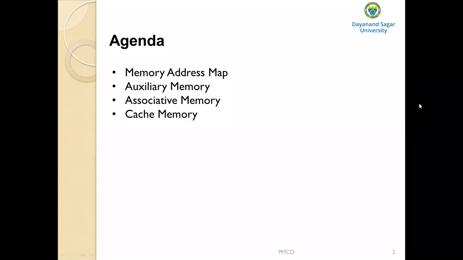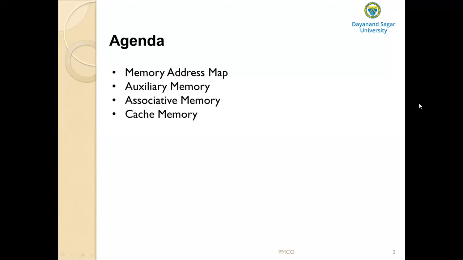The memory capacity is expressed as memory locations times the bits per memory location, isn't it? That is 2 to the power of n into m, where n is the address lines and m is the data pins, or data lines.